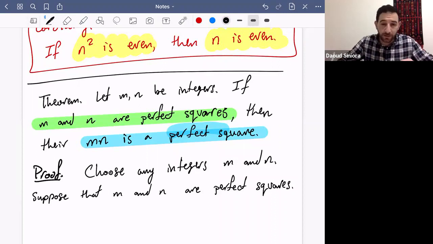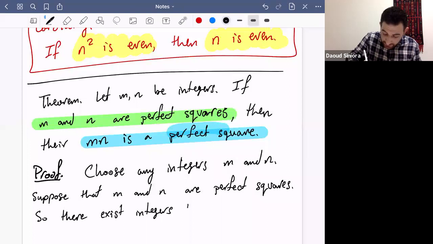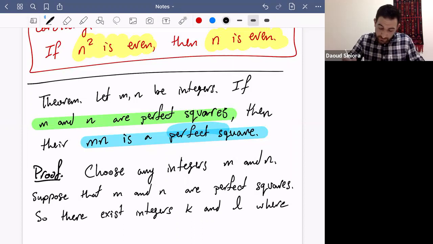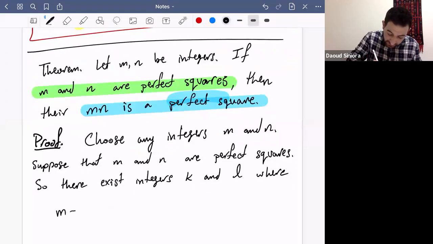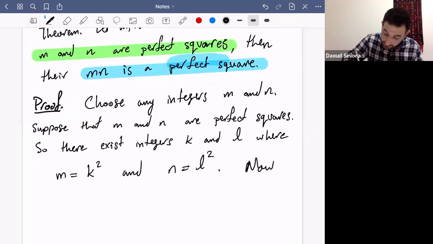What does it mean that they are perfect squares? So by definition of perfect squares, there exist integers k and l, say, where m is the square of k, and n is the square of l. This is the definition of a perfect square. Now look at the product of m and n.